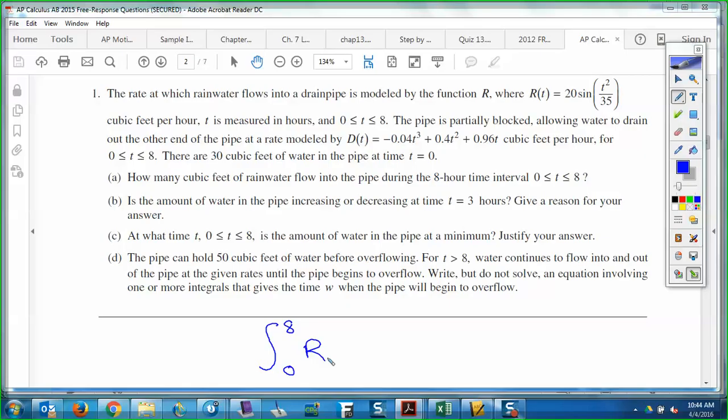Because to me, flowed through means that it went in and then it went out. And so that's not quite right. That's the total amount of water that flowed into the pipe. Now, whether it actually went out or not, I don't know. It may still be in the pipe. That's the total amount of water that flowed into the pipe, okay? All right, now, what would the integral from 0 to 8 of D be?